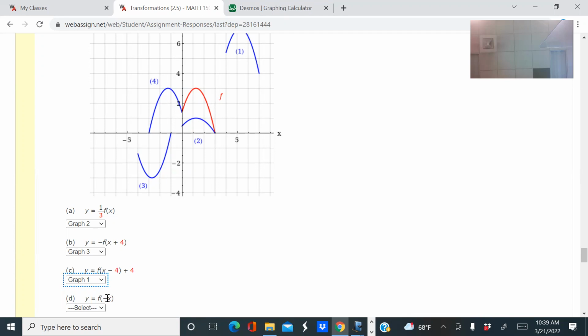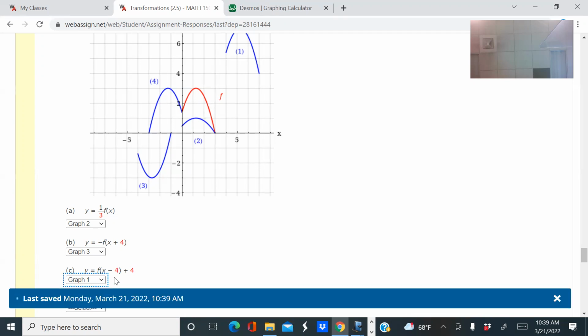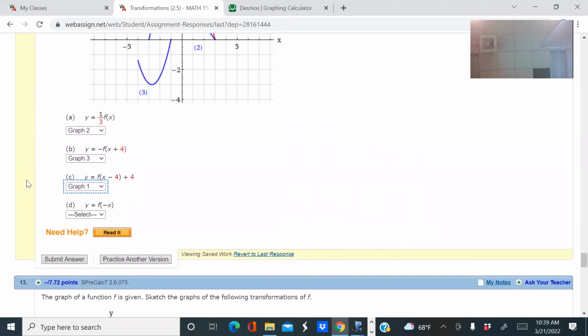And finally now, we're putting the minus sign inside the parentheses instead of outside. So we cannot transfer that minus sign to the left-hand side, because it's stuck inside the function notation parentheses. So what effect does that have? That also is a rotation, but around the y-axis. That's a horizontal rotation.